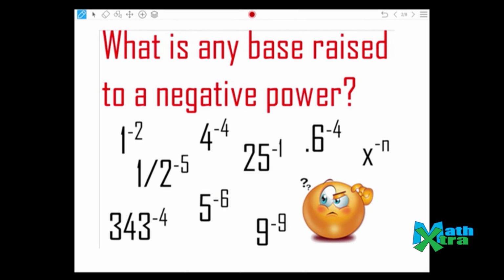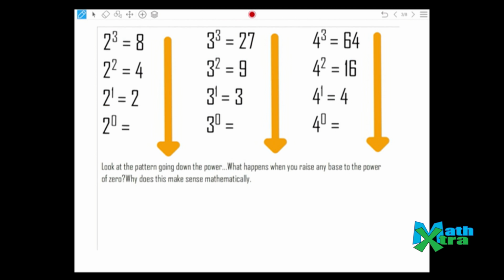So we have all these numbers, and they are raised to a negative power. And finally, we're wondering, what is any number raised to a negative power? So let's look at last week, because last week is going to build on our lesson for this week.